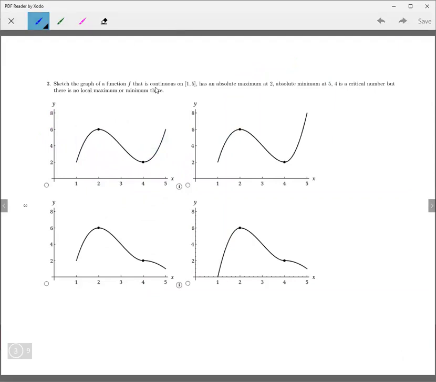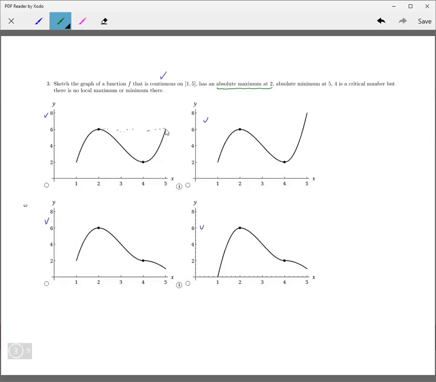Sketch the graph of a function f that is continuous on 1 to 5. So from 1 to 5 is continuous. Okay, those are all continuous. Yeah, so we're all doing good there. The next thing is it has an absolute maximum at 2. Okay, so here's 2. Let's see here.